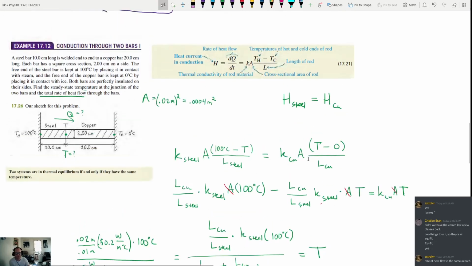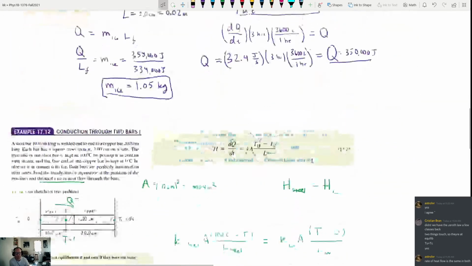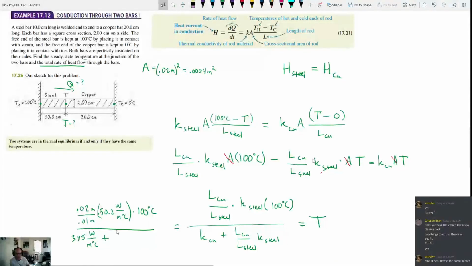So L copper. Oh, whoops, the rest of the stuff's in the problem. So the length of the copper over the length of the steel is 0.02 over 0.1. And then that's multiplied by K for steel again, which was this number right here. That's it. Okay, I still haven't gotten it.